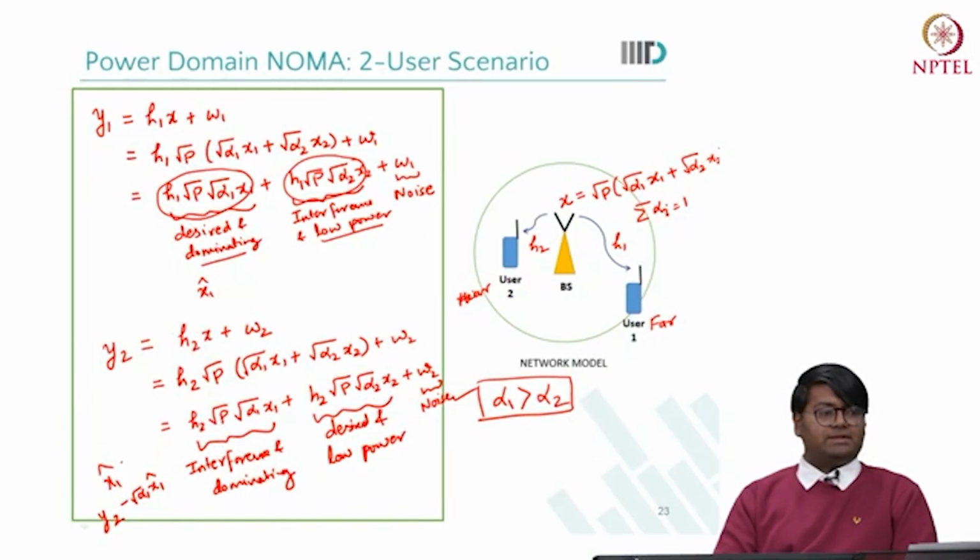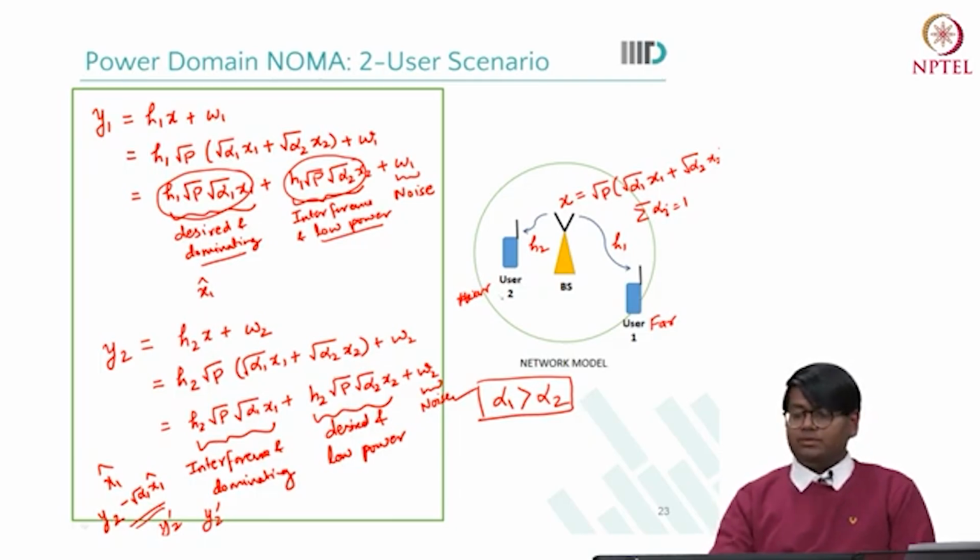So this y2 dash is decoded. This is nothing but my y2 dash. This y2 dash is decoded to obtain an estimate of x2. This is how we perform successive interference cancellation at user 2.